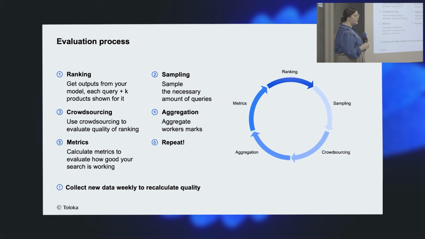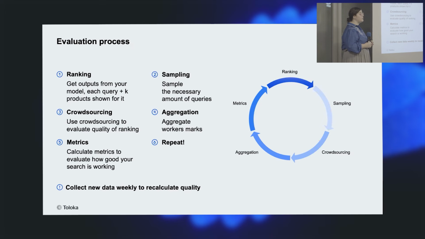But another thing that crowdsourcing can be used for is the evaluation process. So you have created some model, you are showing something to people, and you actually need to make sure that you are showing something that is valid. This problem also shows how crowdsourcing works.